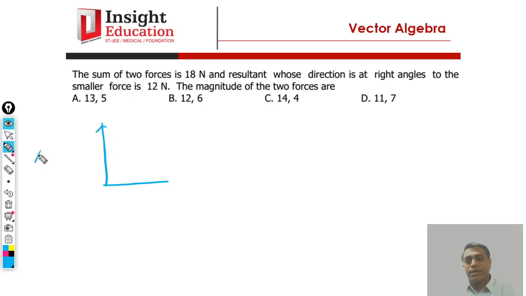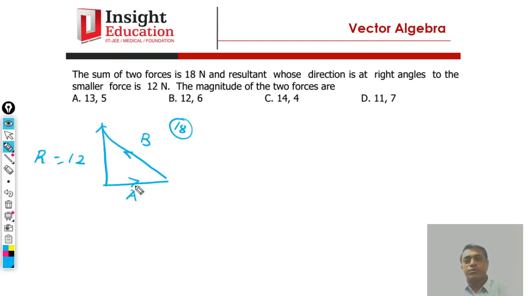So resultant vector R is equal to 12. Okay, so vector A and vector B, this is your resultant vector, so naturally this is vector B. So A plus B is equal to 18.